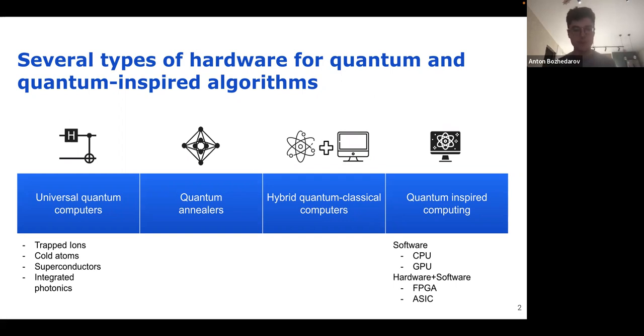Another type of quantum devices is much simpler to build, but again, it's a really hard problem to build such a quantum device: quantum annealers. It's special optimization hardware that is built to solve only one particular problem, the problem of Ising spin glasses, the spin optimization of a spin configuration model.